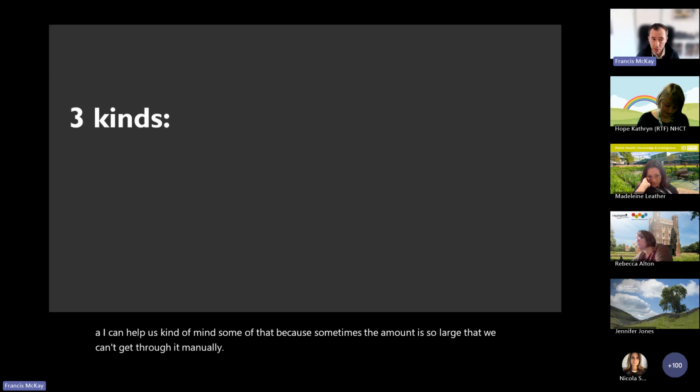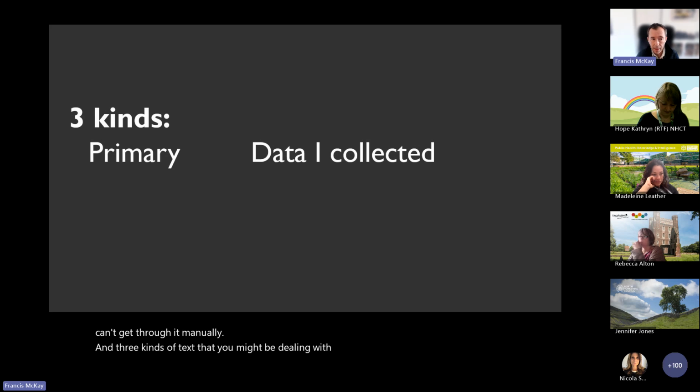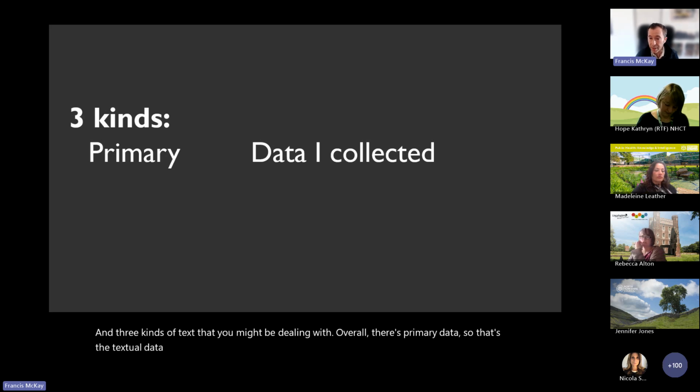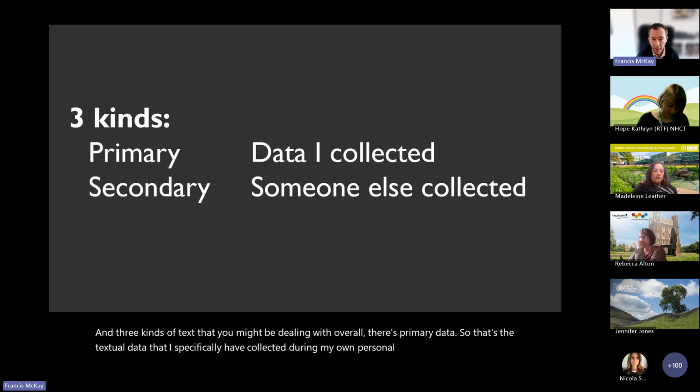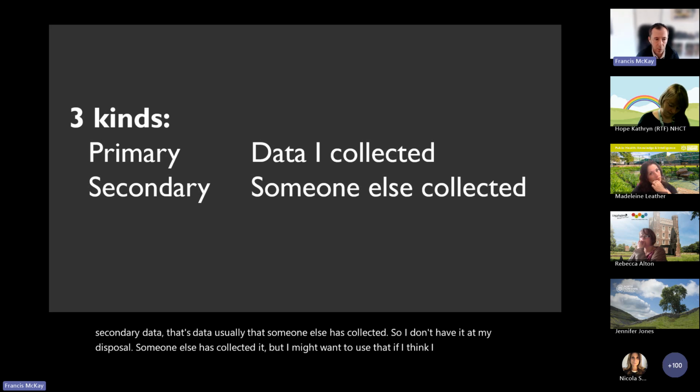There are three kinds of text that you might be dealing with overall. There's primary data, the textual data that I specifically have collected during my own personal research. There's secondary data, that's data usually that someone else has collected, so I don't have it at my disposal, but I might want to use it if I can get access to it.